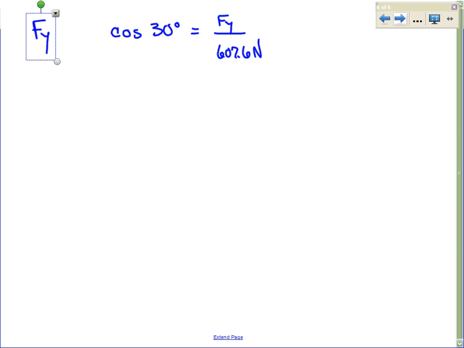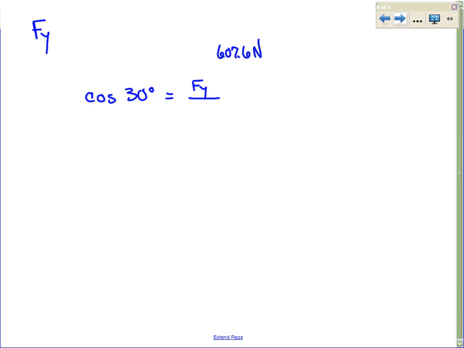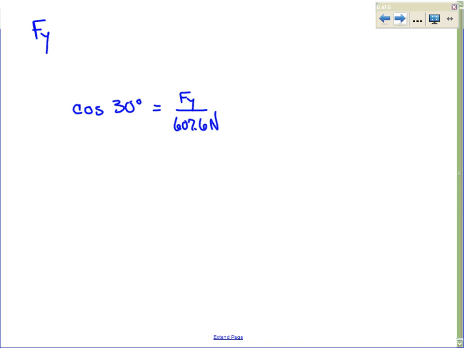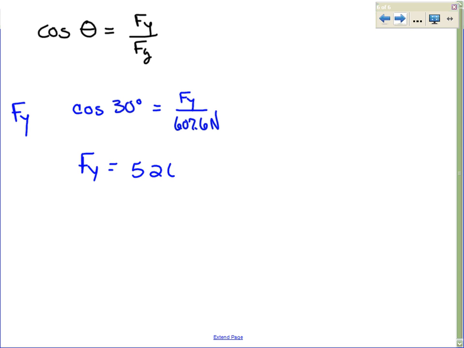And again, let me show you F of y with symbols. With inclined planes, your cosine of your angle is equal to F of y over, oops, not the normal force, but weight. So solving for F of y, our value is 526 newtons.